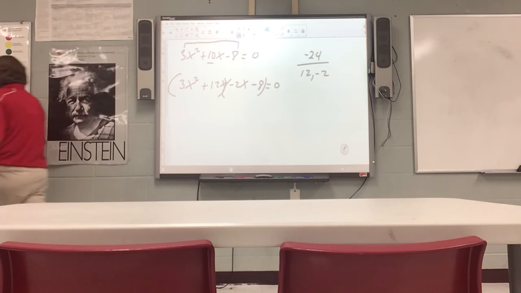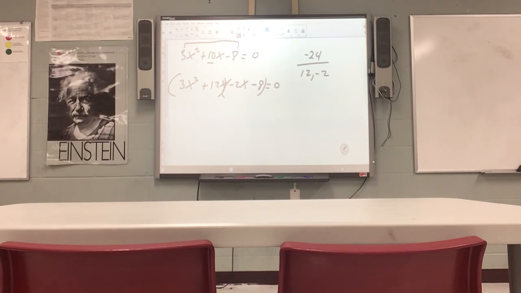Now you're looking in your groups for a GCF, a greatest common factor. What do I have here? 3. 3 what? Good. So that leaves you a binomial of what? X. What else? Four. Plus 4, because it's positive. What am I gonna take out of the second parentheses?